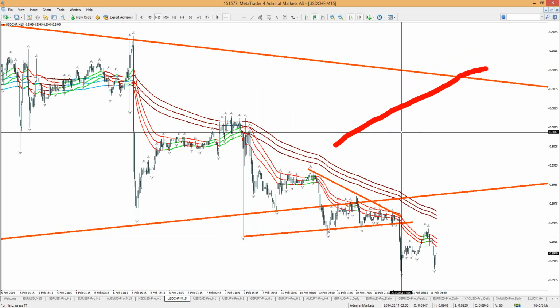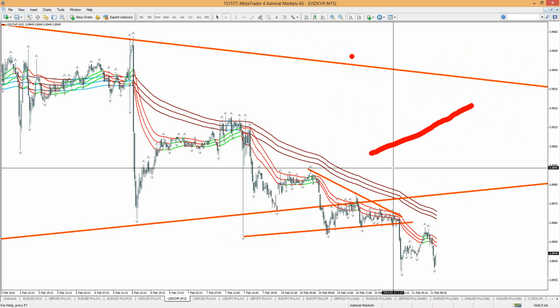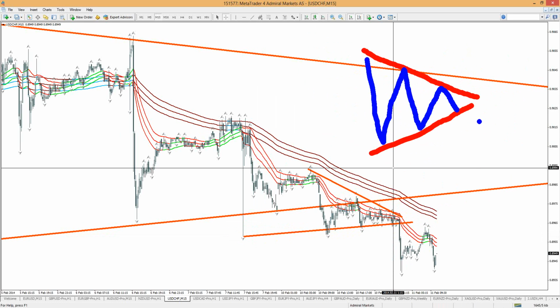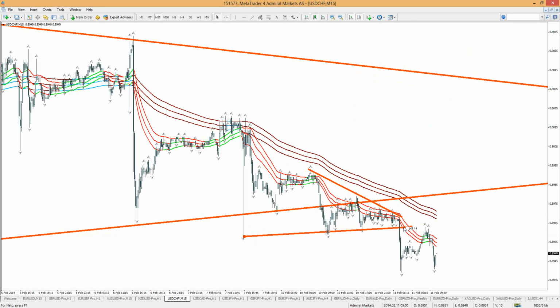The contracting triangle should have more something of this formation, right? And we can see that these two are not really the same. This looks more like a descending wedge to me, which is bearish.